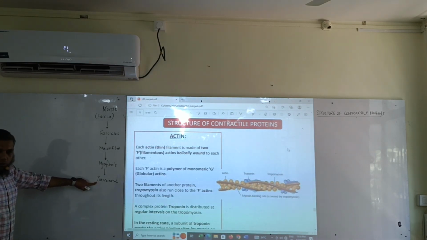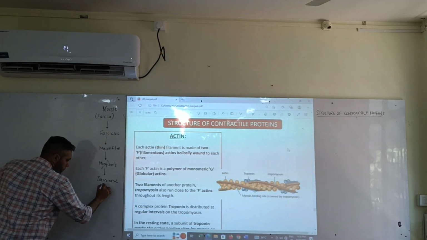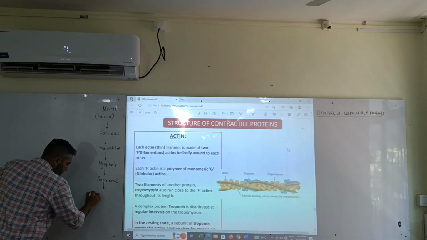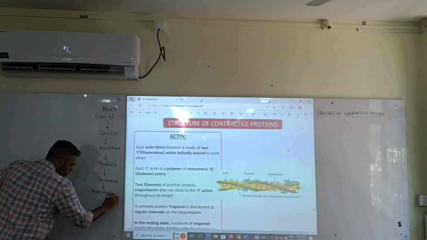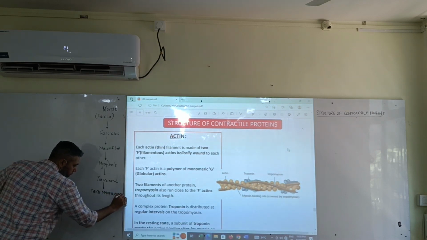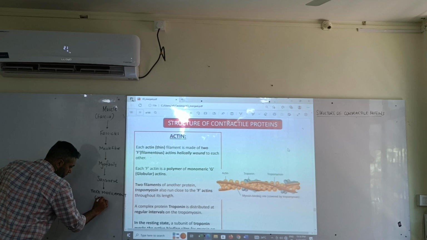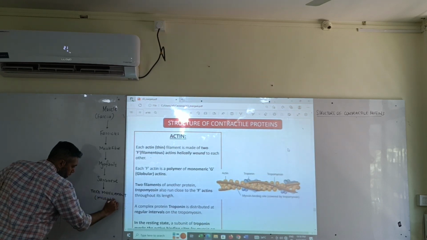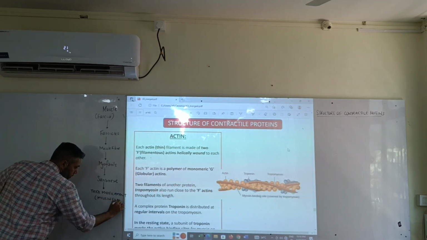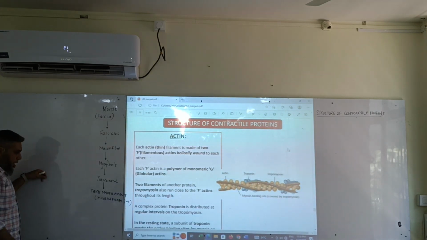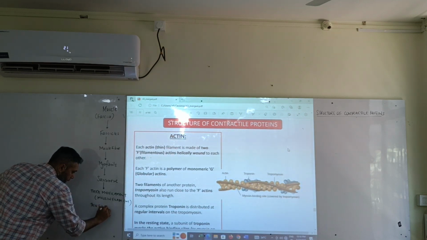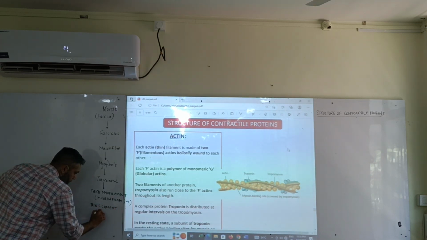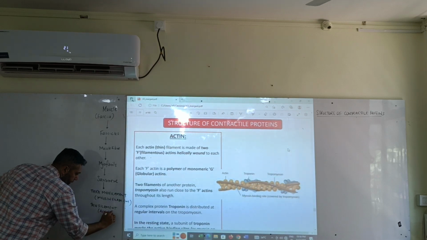In the sarcomere, who are the contractile proteins, sir? It is made up of thick myofilament, which is called myosin filament. Give me yes or no? Yes. And it is made up of a thin filament, which is called which filament, guys? Actin filament.